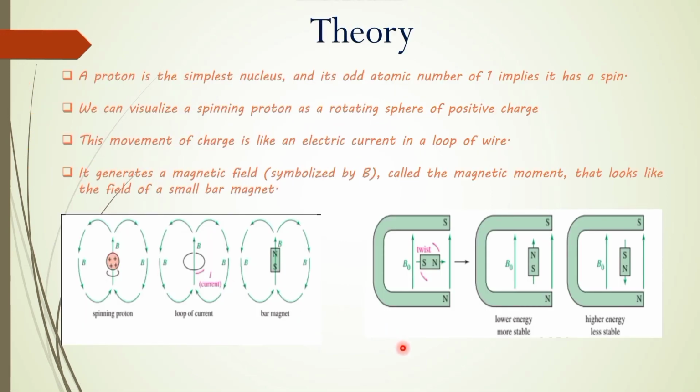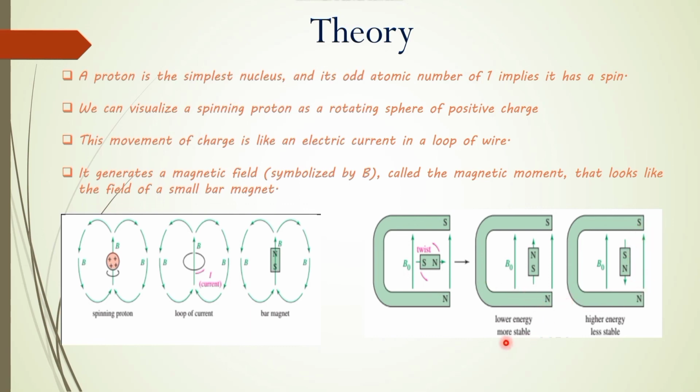So let us come to that point which I mentioned about aligning and opposing with respect to the applied magnetic field. So this is the applied magnetic field, and this is our point of interest, that is a tiny bar magnet. When we place this bar magnet in a strong magnetic field, there are two possibilities. One is aligned with the magnetic field, and the other is opposite to that of the applied magnetic field.